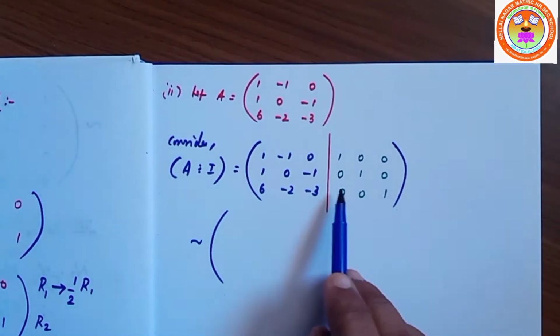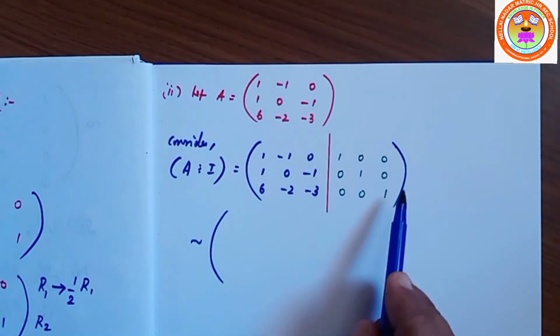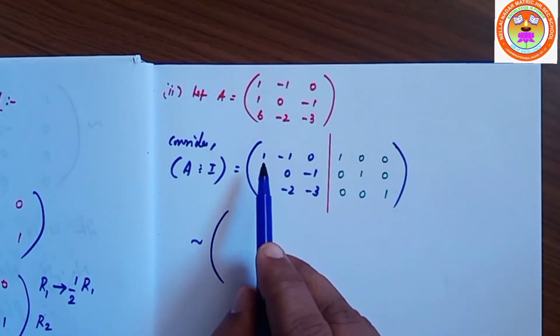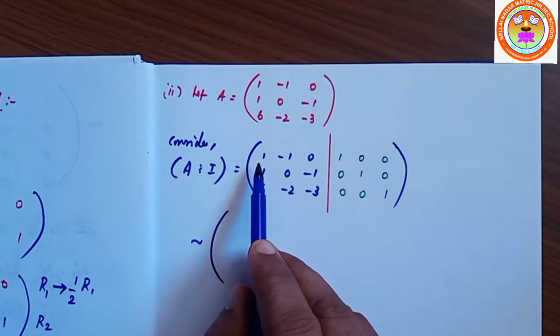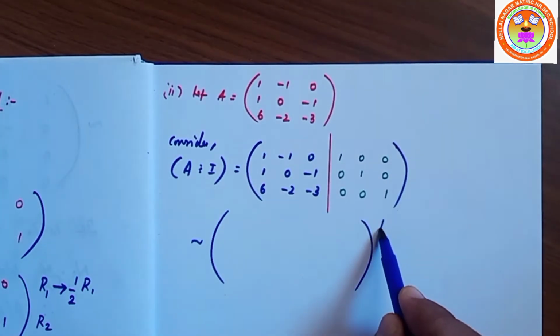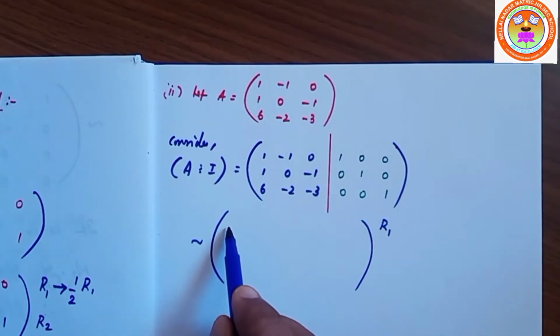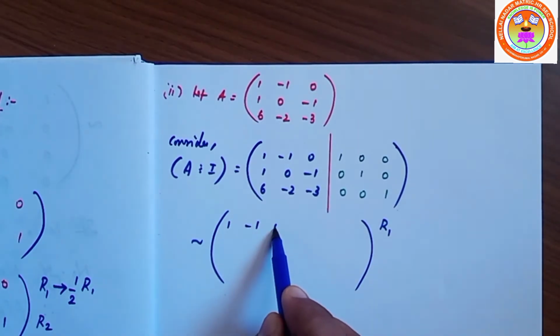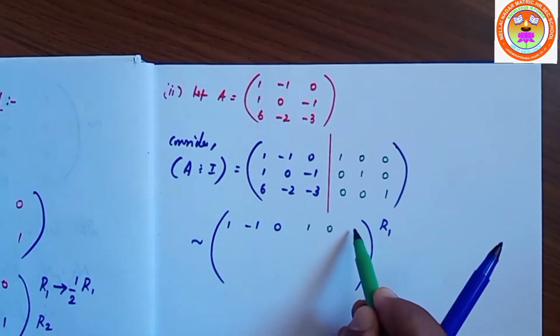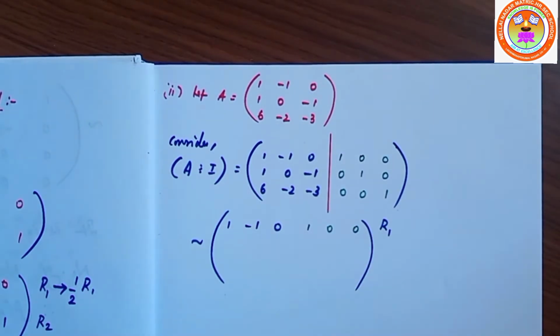If it is, automatically this will be the inverse of the given matrix A. So how to convert? It has to be 1. Yes, it is 1 only, so no change of R1. So R1 write as it is. What is R1? 1 minus 1 0, 1 0 0, no change of R1.